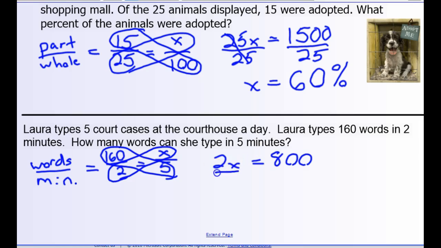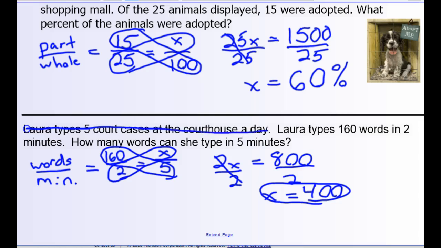So to get x by itself, we need to divide by 2, and divide by 2. X equals 800 divided by 2, which is 400. So she can type 400 words in 5 minutes. Now when it says she types 5 court cases at the courthouse a day, that actually meant nothing to our problem. I was just trying to fool you. It meant nothing to the problem.